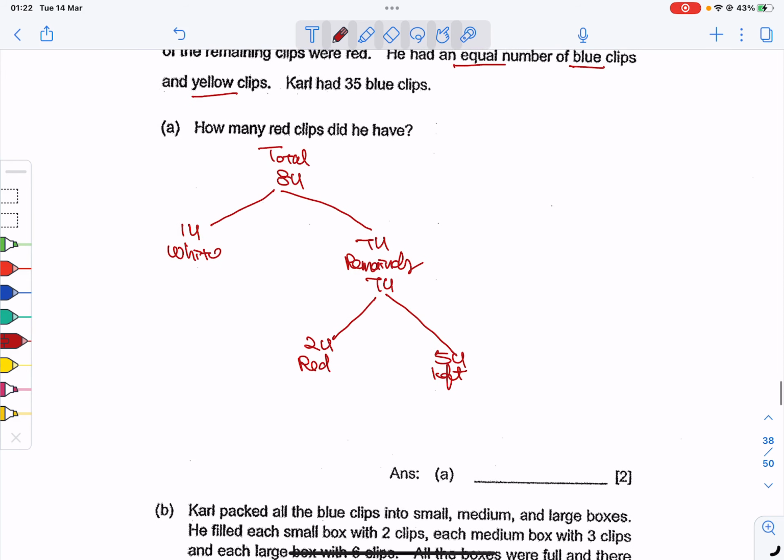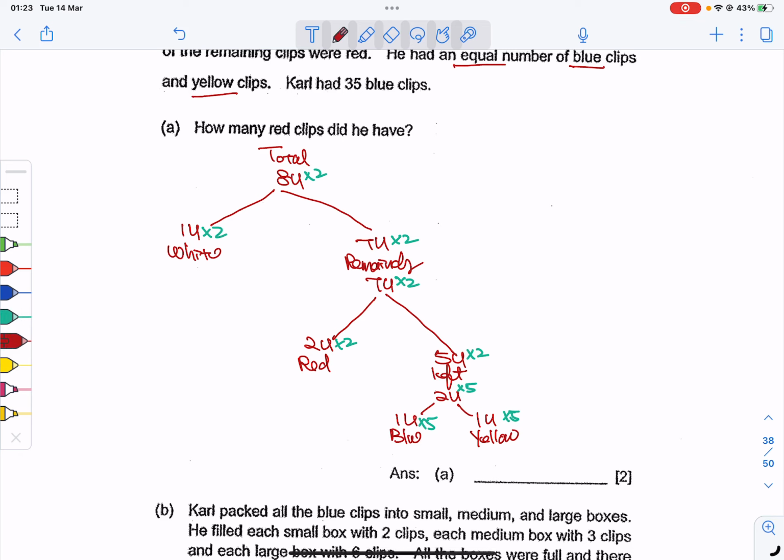So when they are equal, we say 1 unit of blue, 1 unit of yellow. So when you go up, it should be only 2 units. So we have to make the leftover the same. So this one times 5, and this will be times 2. So all we must do is times 2 to make everything align.